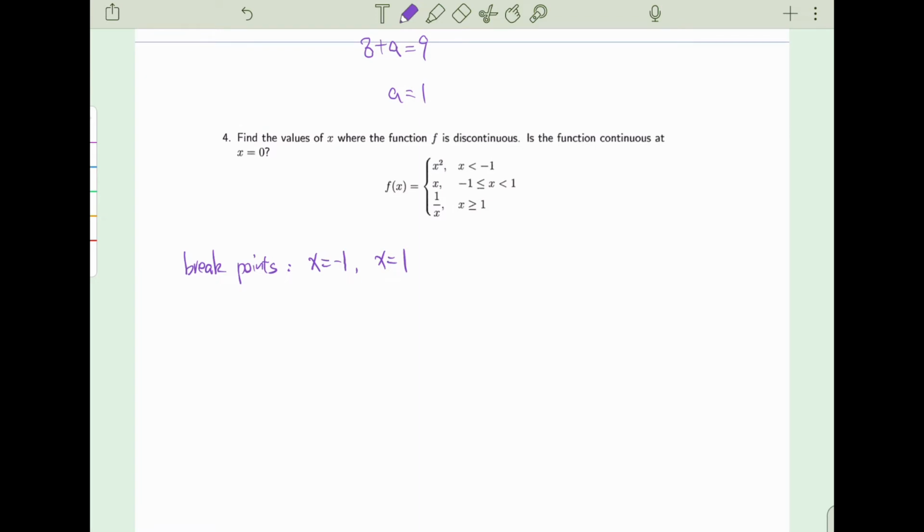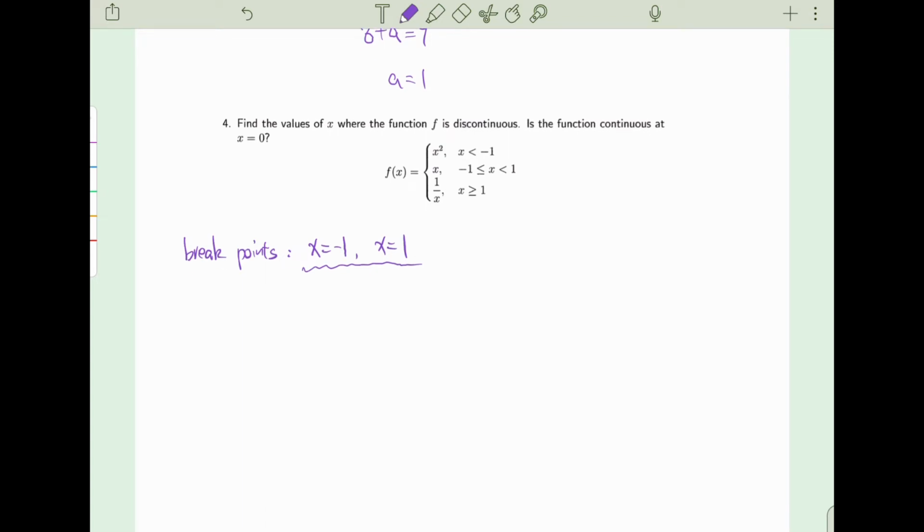So these are the only potential places where the function could be discontinuous. So we're gonna be checking the continuity for the function solely on these two places. So what we do now is to check the left limit, right limit, and value of the function for these two places respectively.